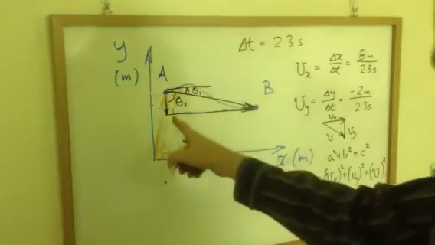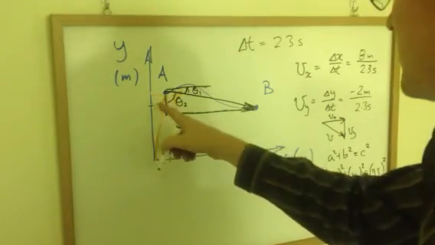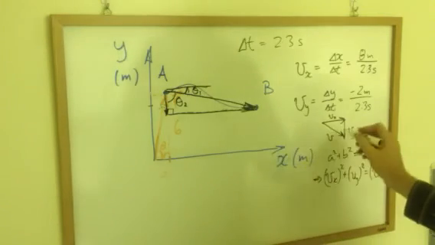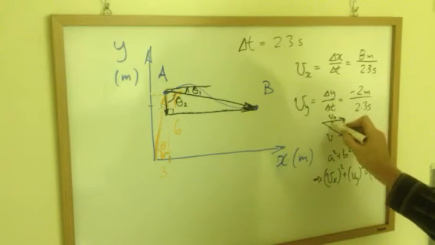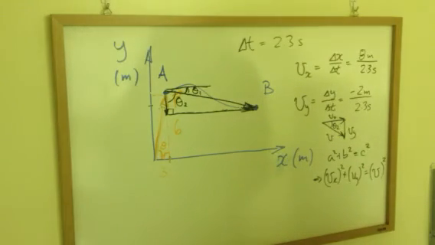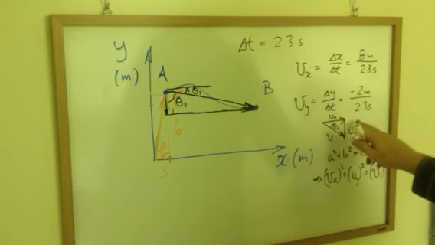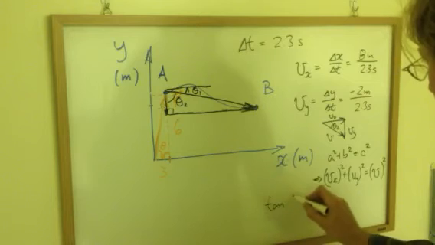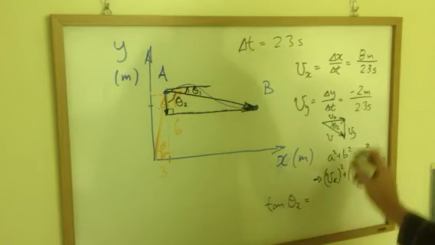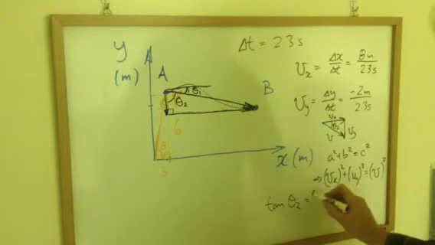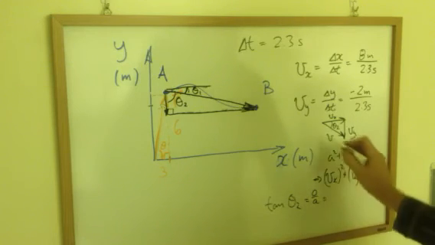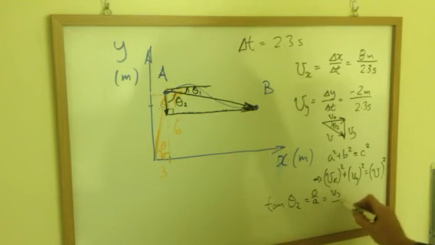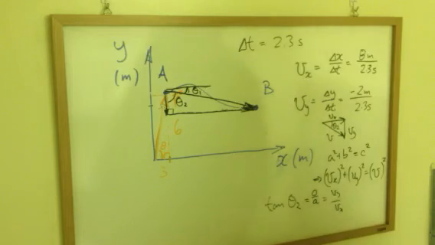If I was trying to find theta 2, I will use this diagram here. I know the x and y components, I would use tan theta 2 is equal to opposite over adjacent. That's equal to Vy over Vx.